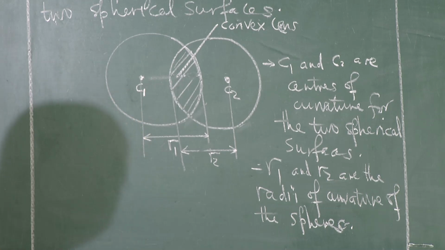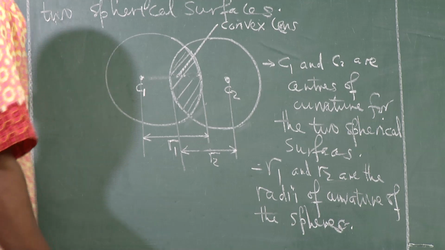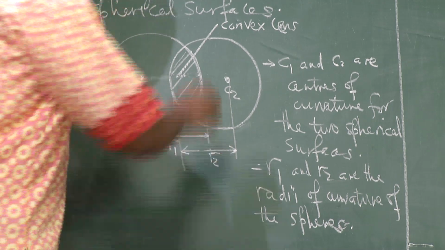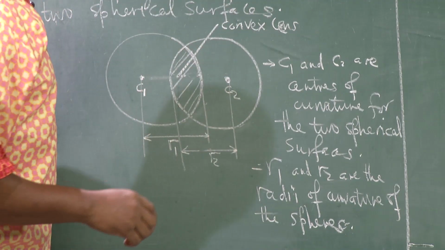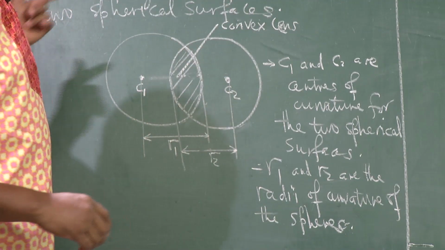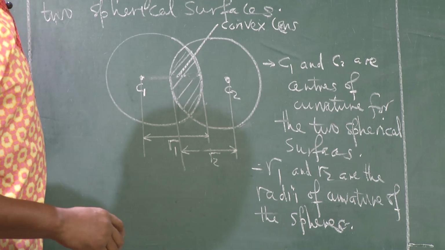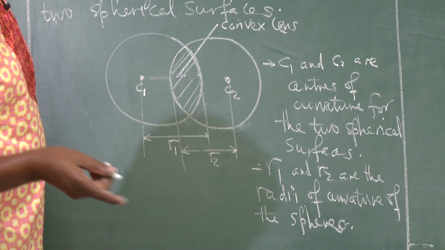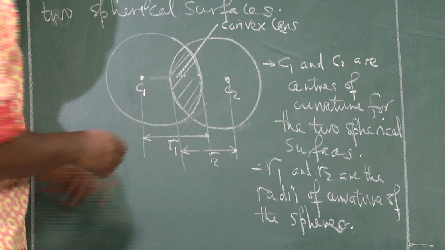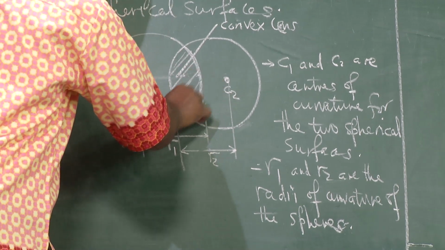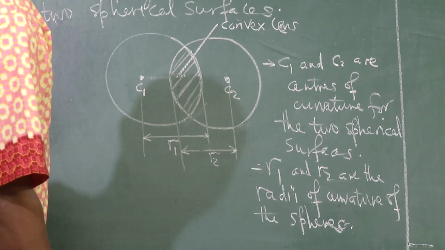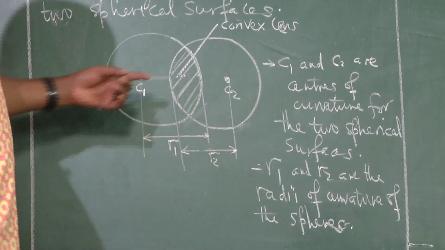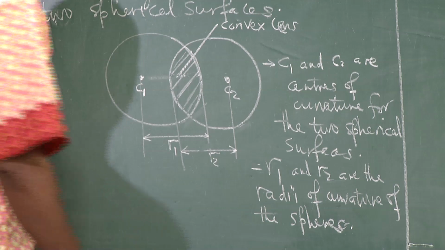So we are saying a material, someone could call it an optical medium, that is made up of glass and is bounded by two spherical surfaces, as you can see, is what we call a lens. The shaded part gives us a lens, and this is a convex lens, as I've already said.